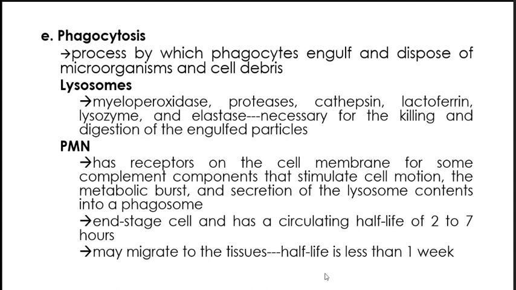Ano ba yung mga cells that are in charge of these? We have our polymorphonuclear cells. They have receptors on the cell membrane for some complement components that stimulate cell motion, the metabolic burst, and the secretion of the lysosome contents into a phagosome.